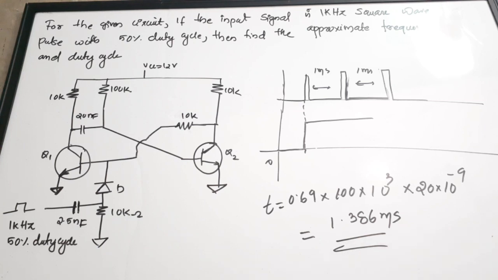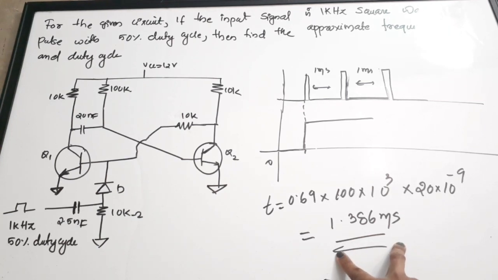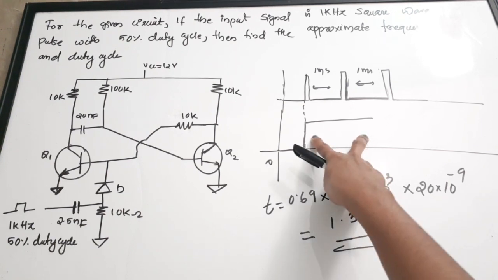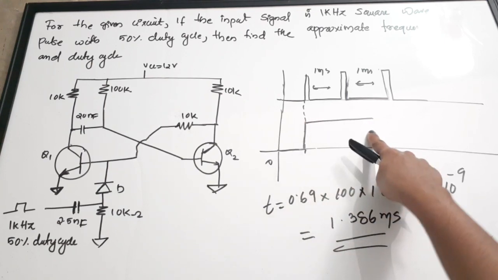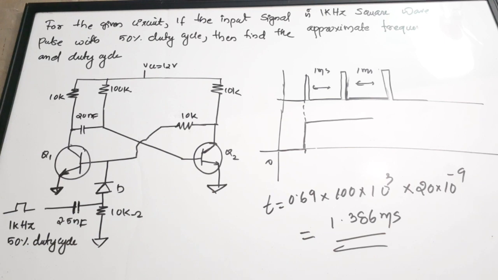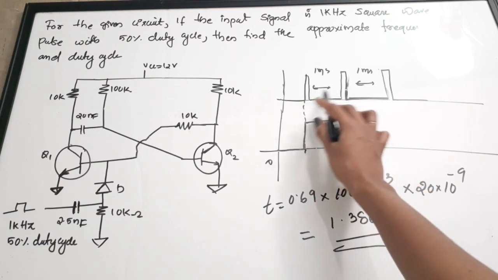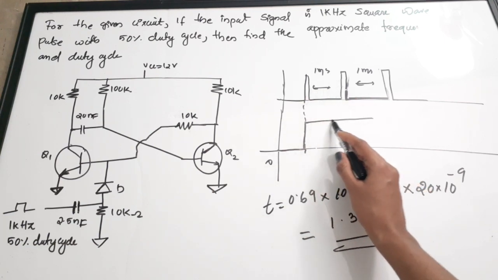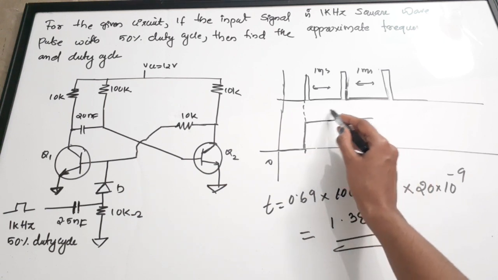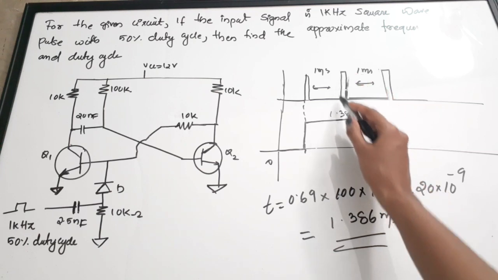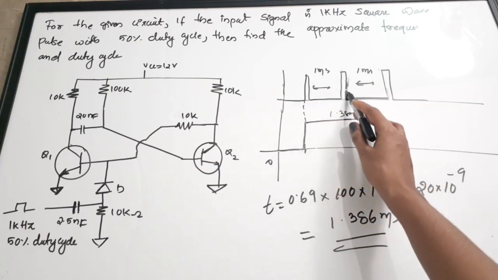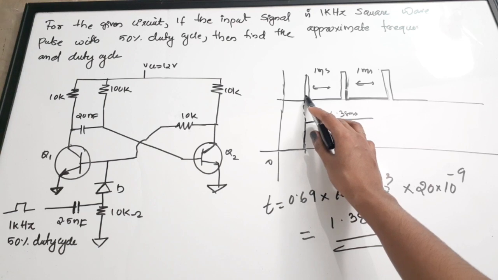So it is clear that the wave will stay in the unstable state for 1.38 milliseconds. The gap between triggering pulses is 1 millisecond, but the wave will be in the unstable state for 1.38 milliseconds, and the next triggering pulse comes 1 millisecond after the first triggering pulse.